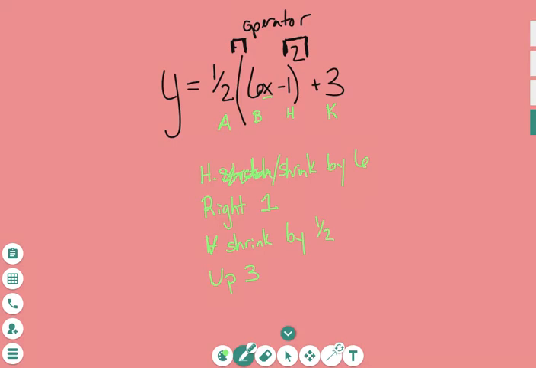So you might be kind of hung up on how I decided that this was going to be a shrink here. The way that I was always taught to think about it was you're making this happen this many times as fast. So this is happening 6 times faster than normal, which means it's getting 6 times skinnier. Where out here, it's getting half as tall.